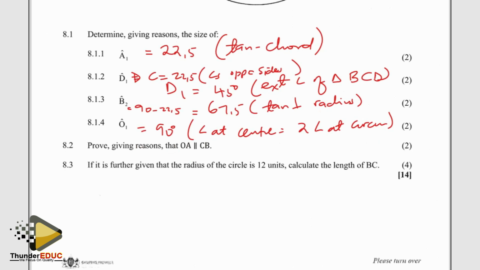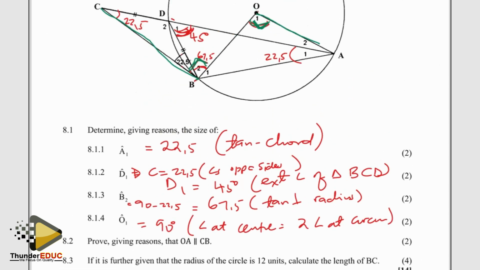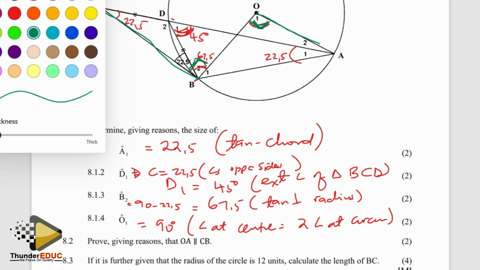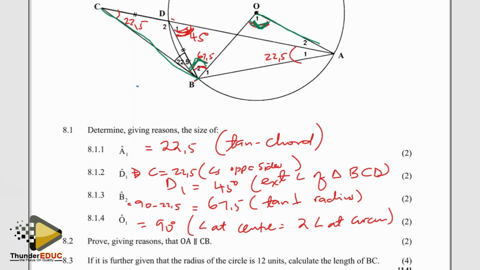Okay, then 8.3, it's further given that the radius is 12. This is a 12. This is also a 12, but we know that this is 90. They want us to get the length of BC.